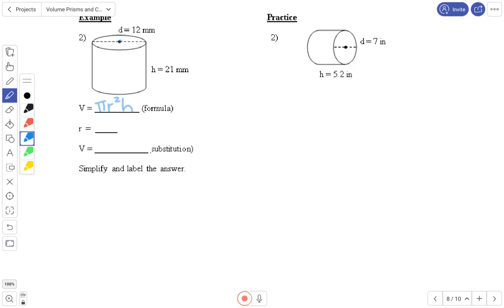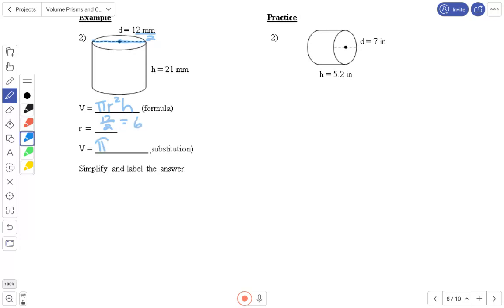The radius goes from the center of the circle to the outside, and all I know is the diameter, which is going across the whole entire circle. So what I have to do to find my radius is cut the diameter in half. So I'm going to think 12 divided by 2. So that means that my radius is 6. Okay, now that I know my radius, I can substitute it into the formula.